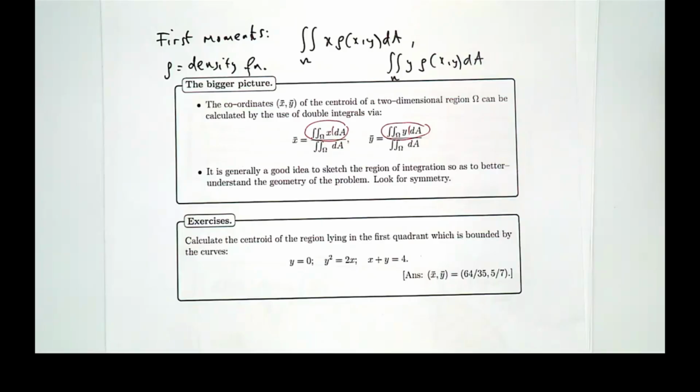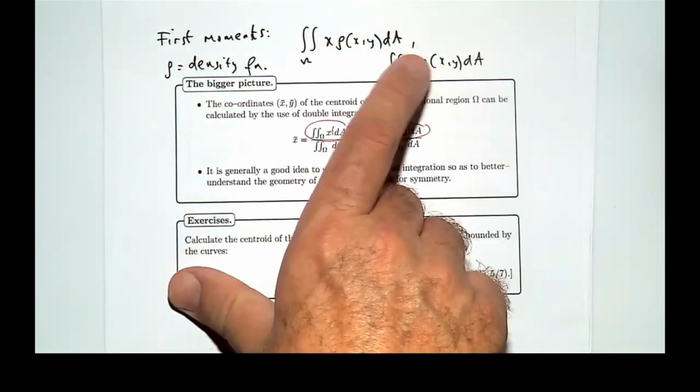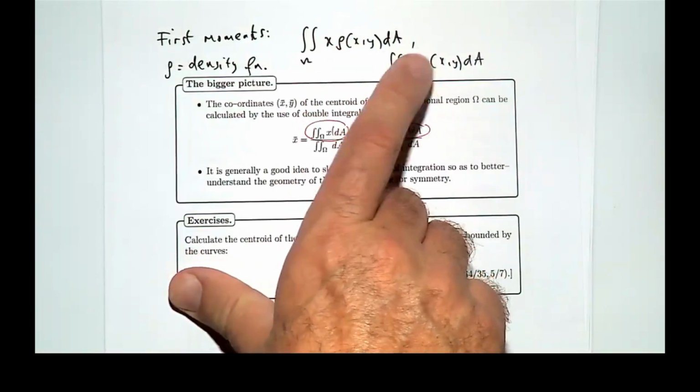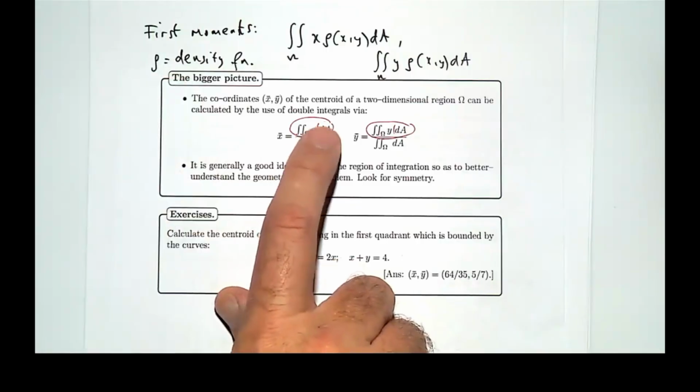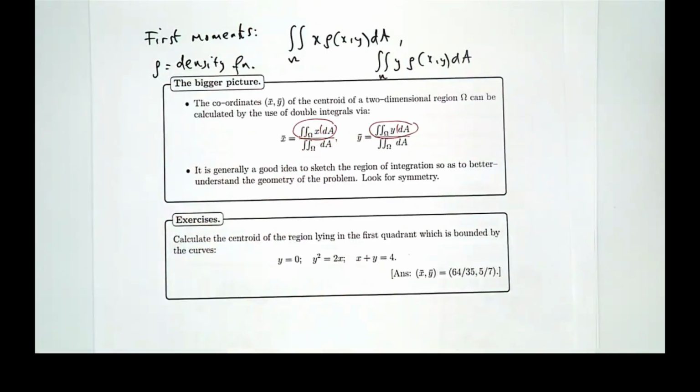And these things are the more general way if you have a non-constant density function. For the first moments up the top, you're not told anything about the density for a two-dimensional shape, so you can think of it just as constant.